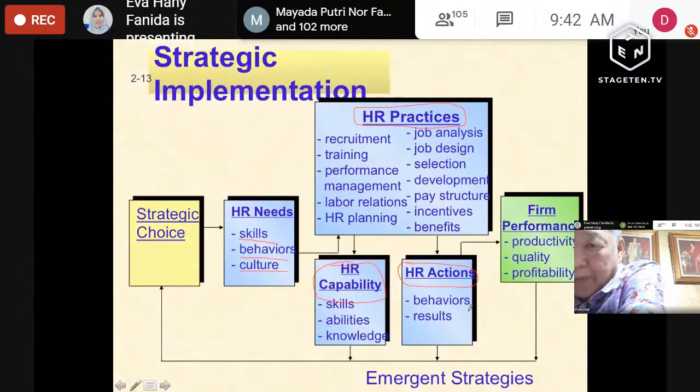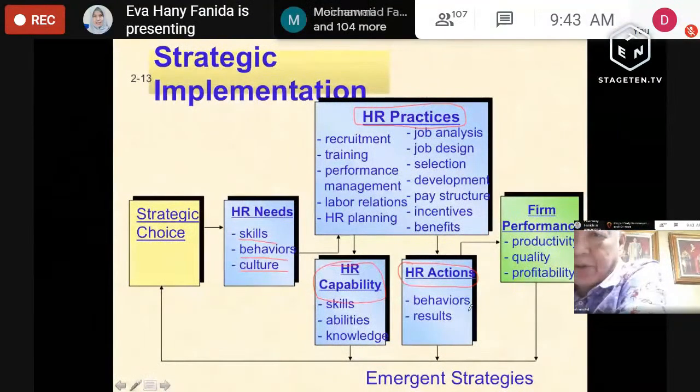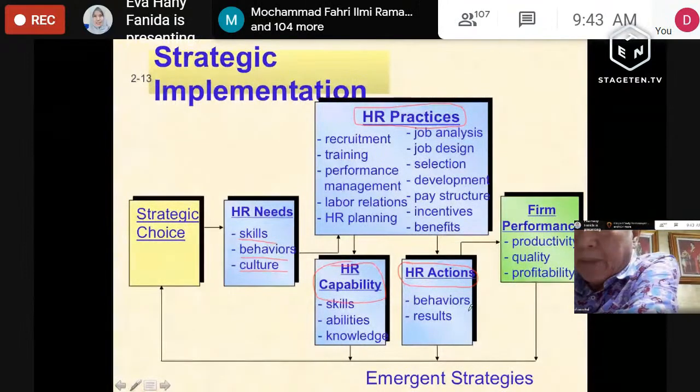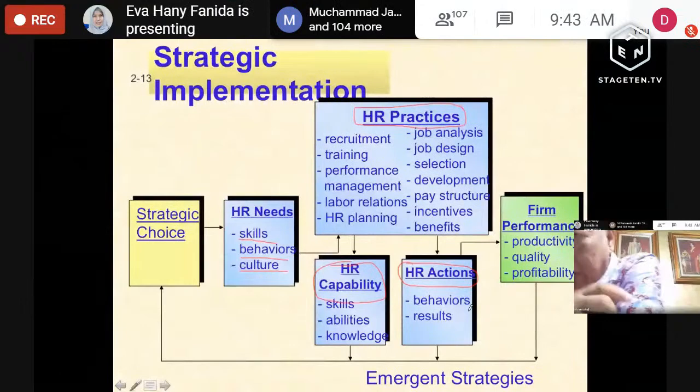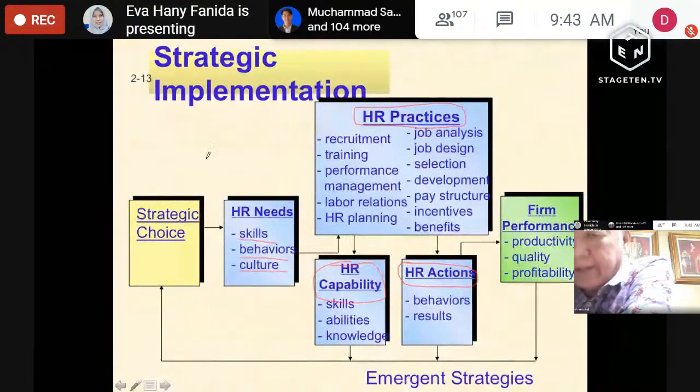What kind of HR capability? You can see skill. So you want the people who have this kind of skill. So you employ the HR practice by recruiting the right people, training them, and then they will get the skill you need.